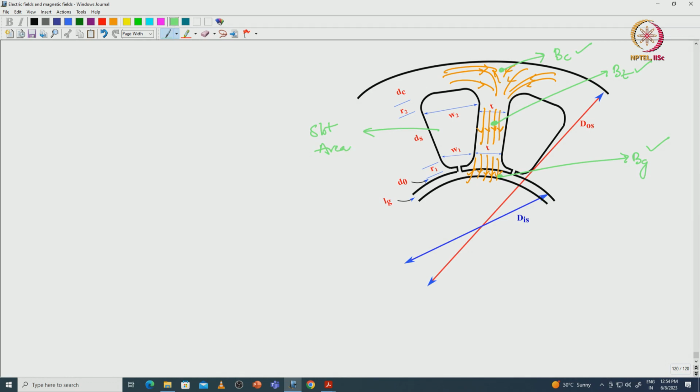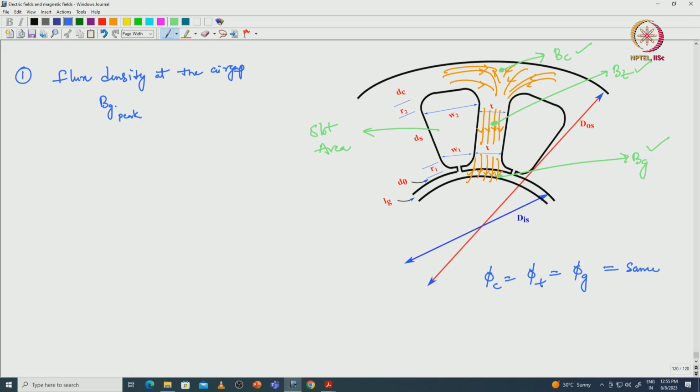Okay. First step, I will start with the flux density at the air gap. Peak flux density, that is Bg peak, we have to find in terms of flux. The average flux in the core, average flux in the teeth, and average flux in the air gap will be the same.